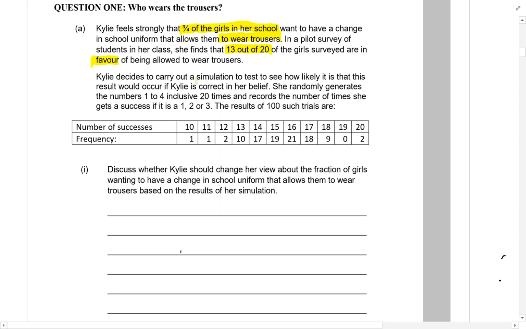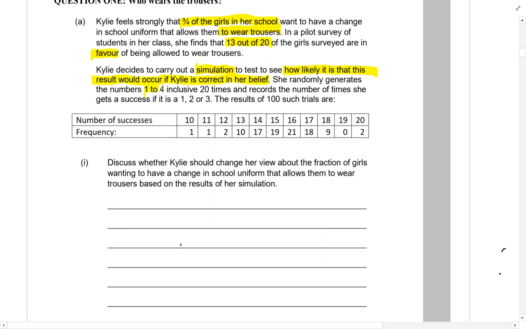Kylie decides to carry out a simulation to test to see how likely it is that this result would occur if Kylie is correct in her beliefs. So her belief being that 3/4 are in favour. She randomly generates the numbers 1 to 4 inclusive. That means including 1 and 4.